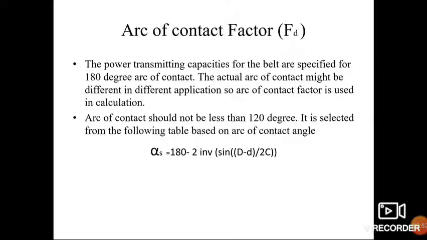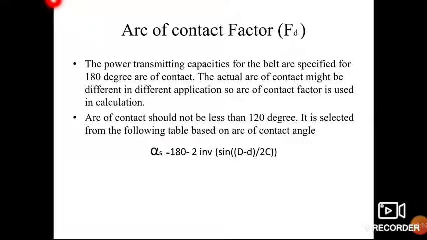Means if the angle of wrap, where the belt is enveloping your pulley, is 180 degrees, means for half of your pulley your belt is wrapping, and in such a condition how much power that belt can transmit, that is generally prescribed in the design data book.